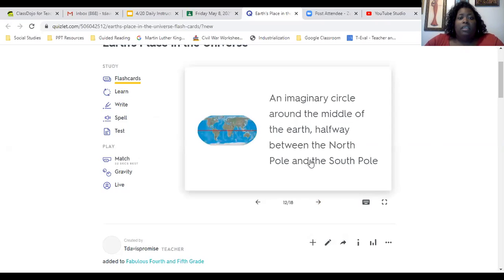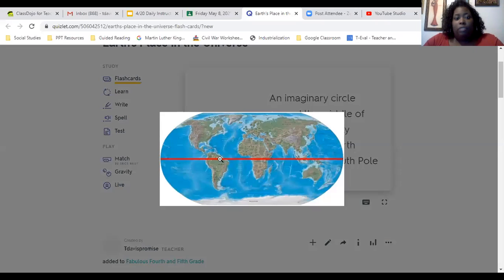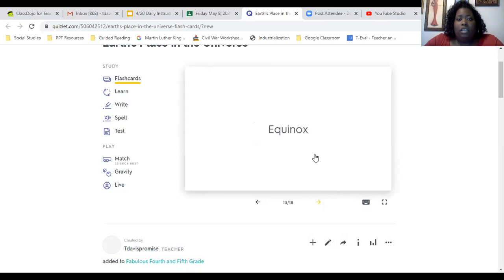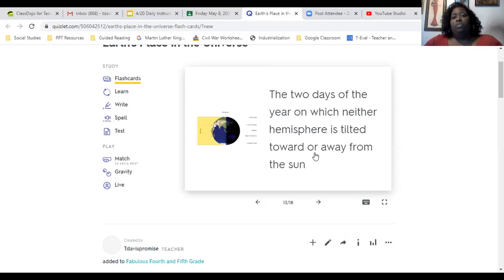Equator. The equator is an imaginary line, or imaginary circle, around the middle of the Earth, halfway between the North Pole and the South Pole. So this is the equator. And then the equinox is the two days of the year on which neither hemisphere is tilted toward or away from the sun.